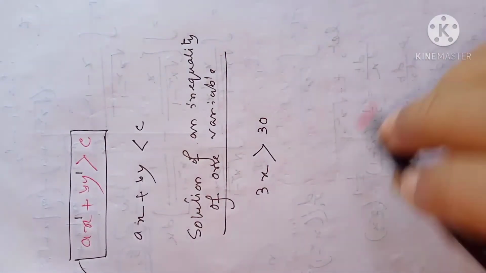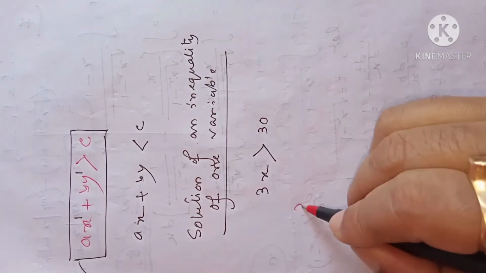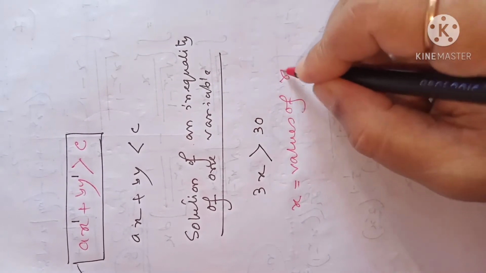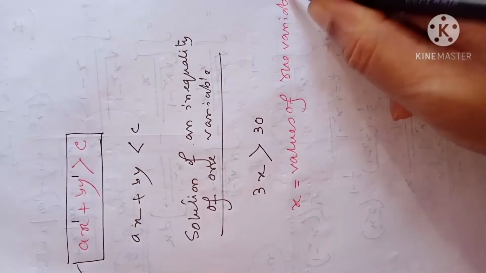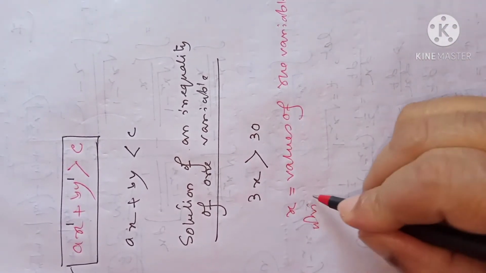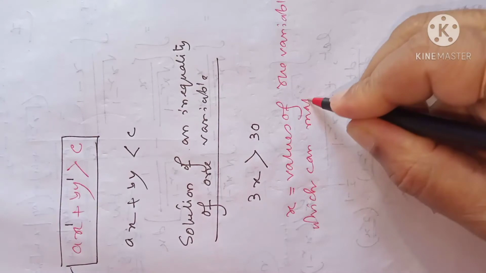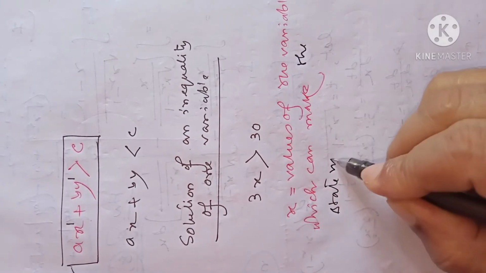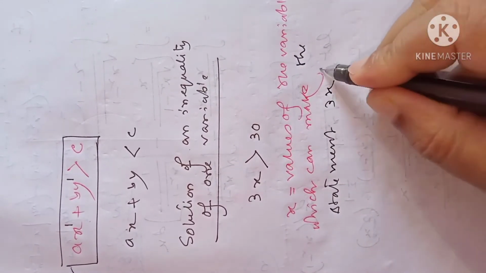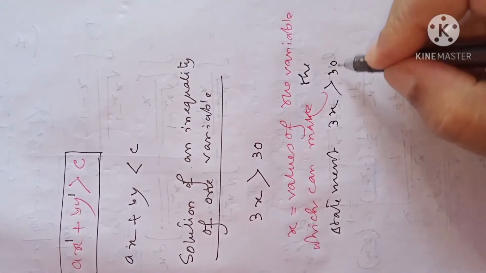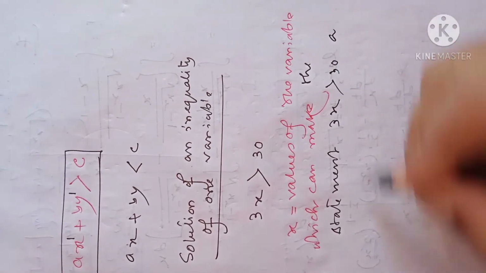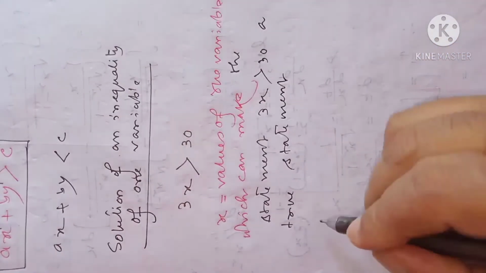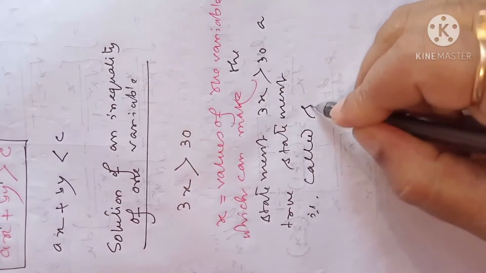So what values of x, values of the variable, which can make this statement 3x greater than 30 a true statement, that is called solution.